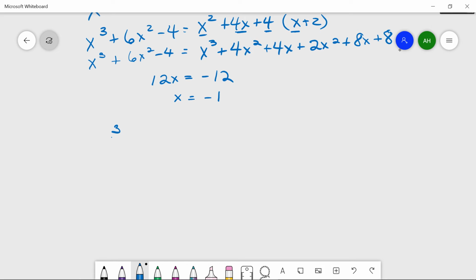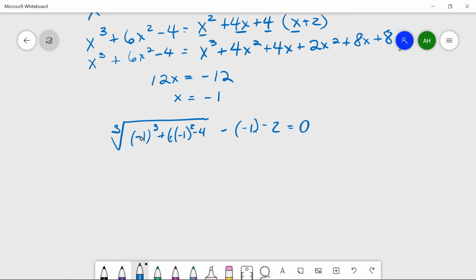Remember, I had the cubed root of negative 1 cubed plus 6 times negative 1 squared minus 4, all that under the radical, minus negative 1 minus 2 equals 0.